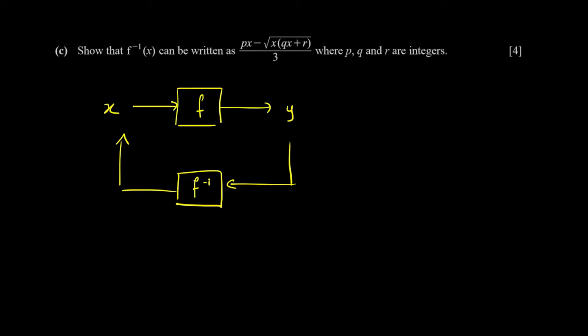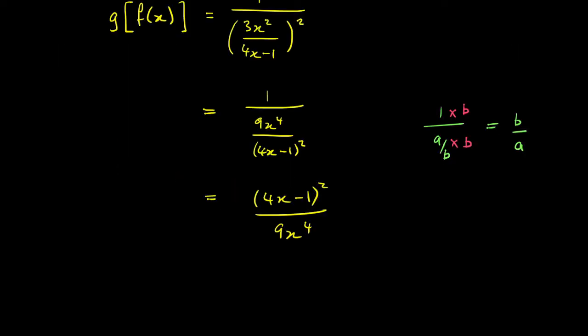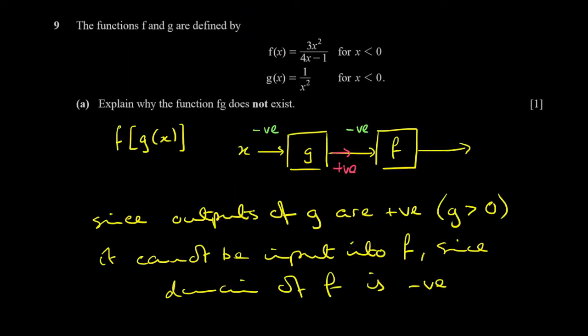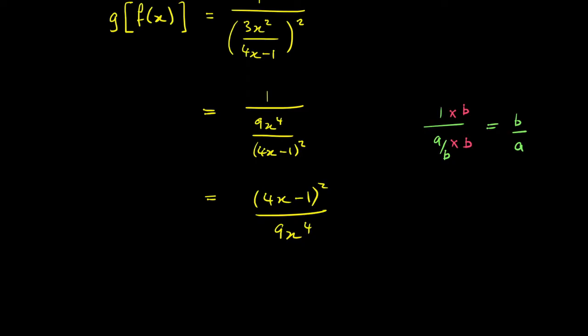So if we've got the function f, which is 3x squared over 4x minus 1, we'll write that as y is equal to 3x squared over 4x minus 1. Then basically what we're trying to do is rearrange this to make x the subject, right? To make the input the subject, so we get the input in terms of the outputs, y.